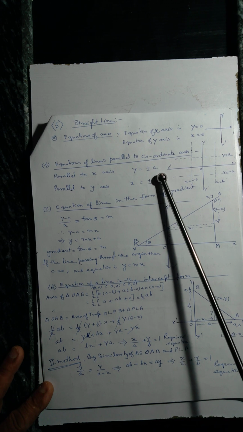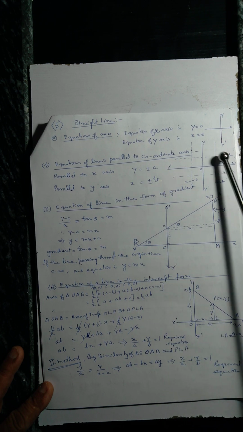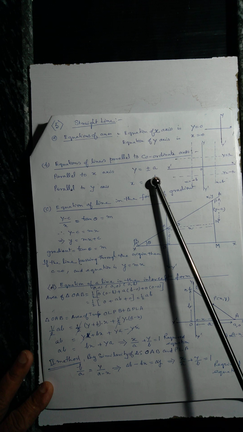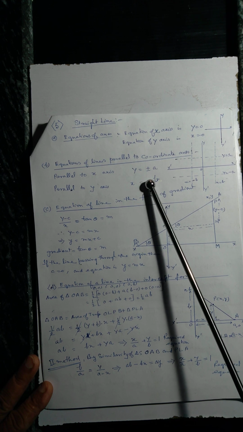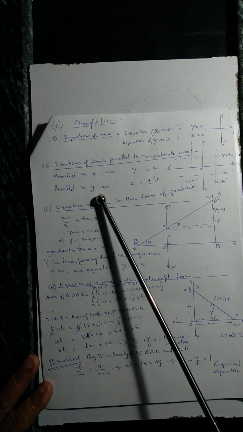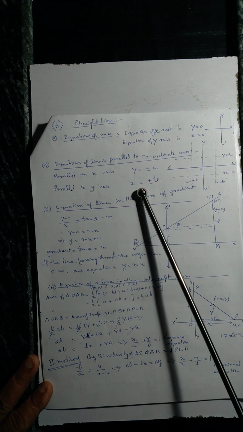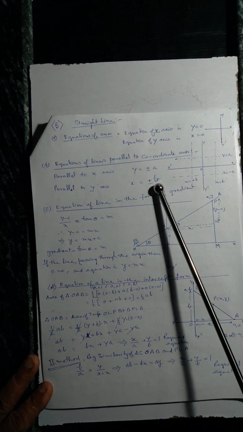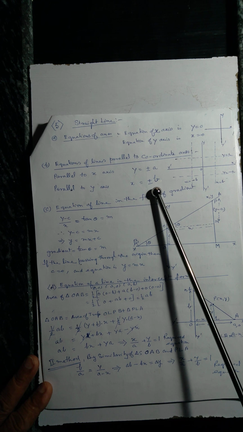If it is plus, then the line will be above x-axis, and if it is minus, then the line will be below x-axis. Parallel to y-axis, that is x is equal to plus minus b.